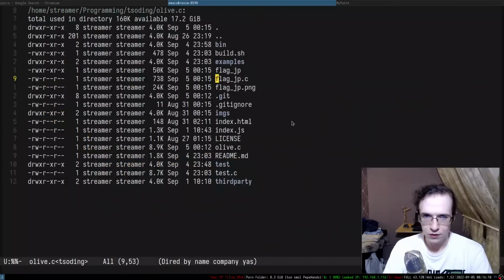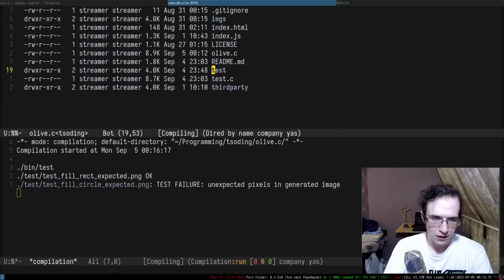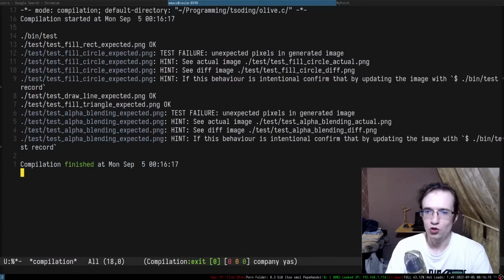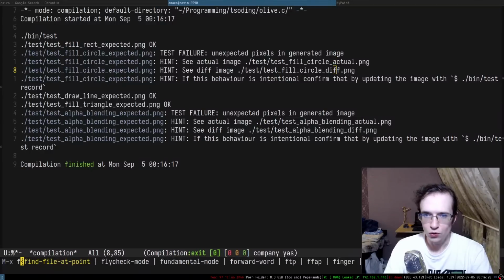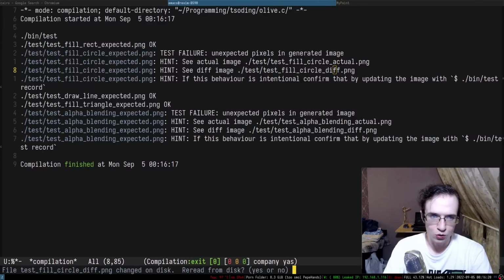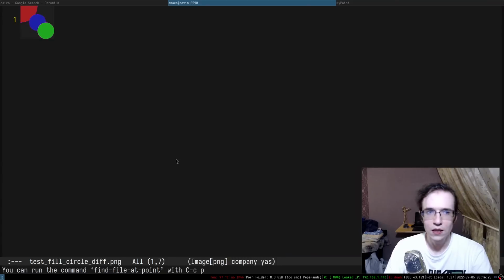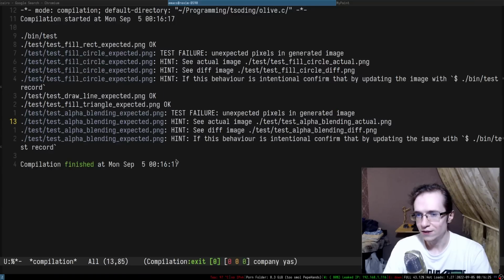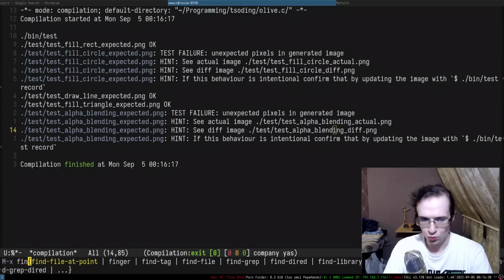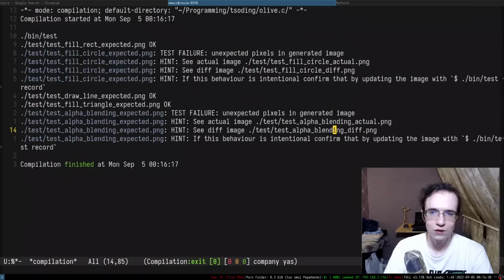Okay, I think the time has come to update my tests, right? Because the tests are extremely important. So we already know that the tests with the fill circle don't work because of the anti-aliasing, which is totally fine. So let's take a look at what else doesn't work. Alpha blending doesn't work as well.